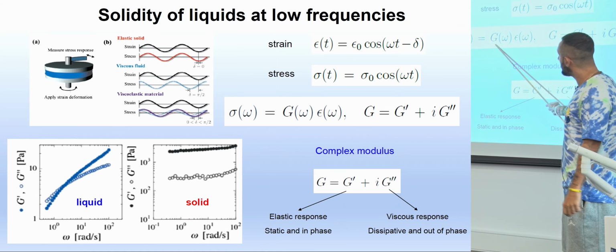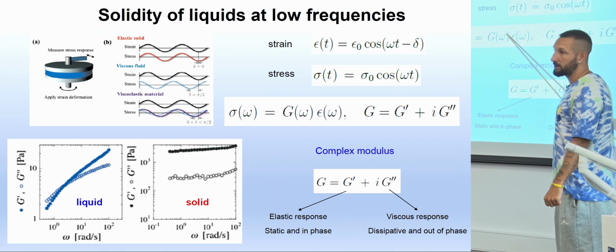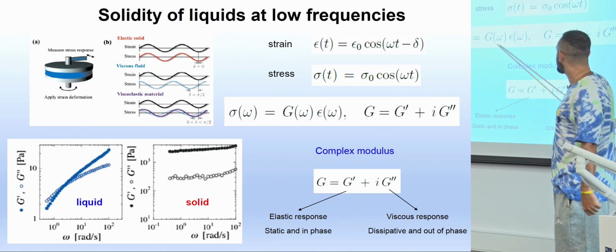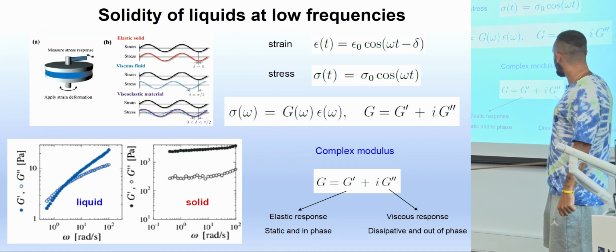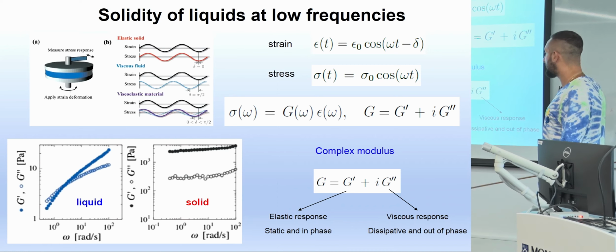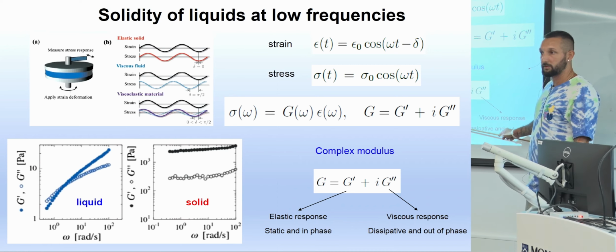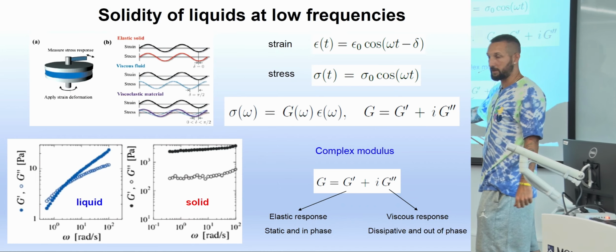Now, this is just basically linear response. So actually, this is a Green's function in mathematical terms. And this is what you can measure. So what is the important thing? The important thing is that this object has a real part which takes care of the elastic response, and an imaginary part which takes care of the viscous response, and I can measure both of them.